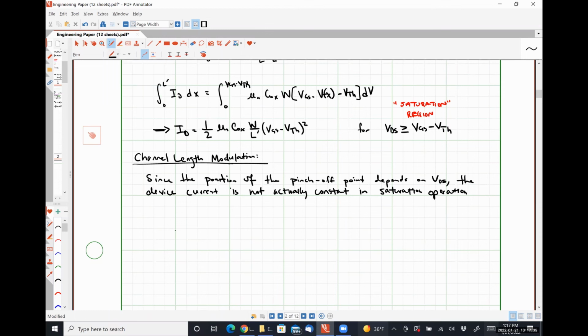So for a single value of overdrive voltage, this is ID, and this is VDS.